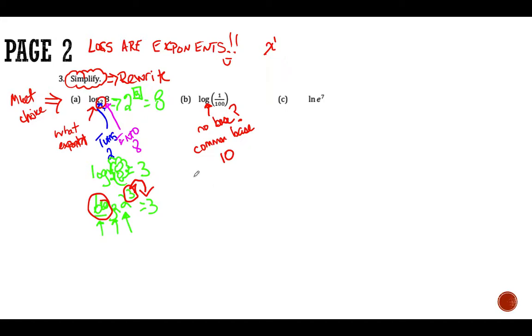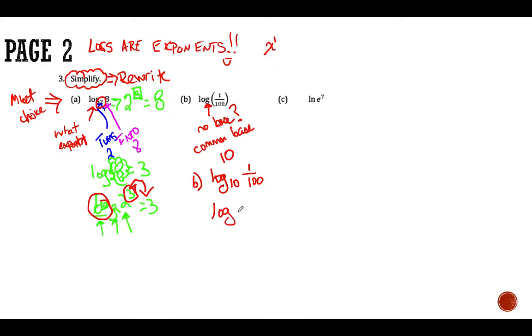So I'm going to rewrite problem B this way. The exponent that turns 10 into 1 over 100. Well, that's still a little confusing. How about I use a little middle school math?